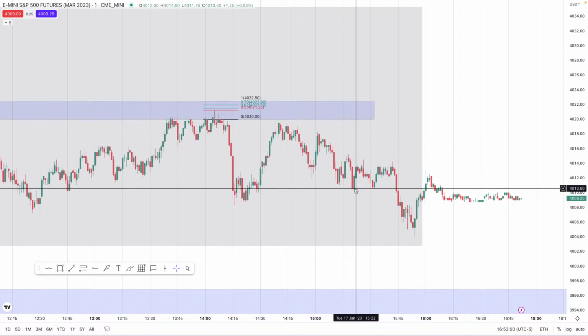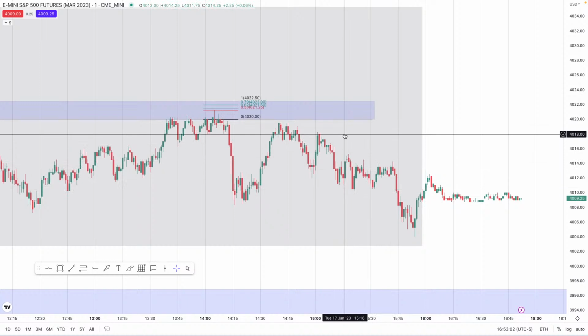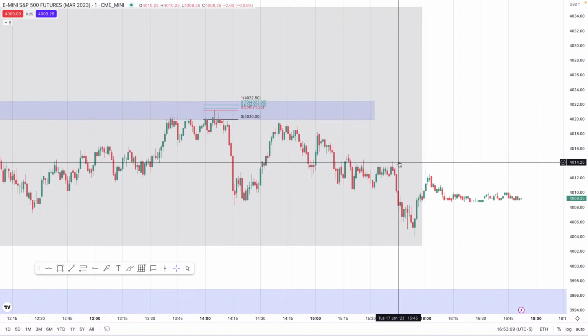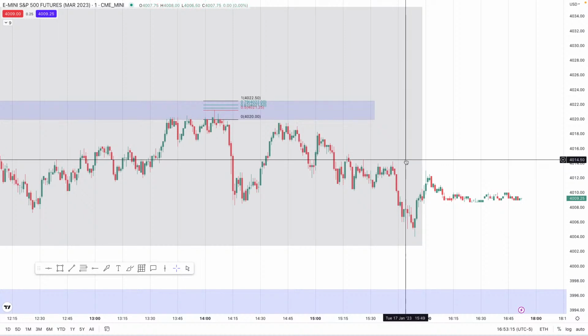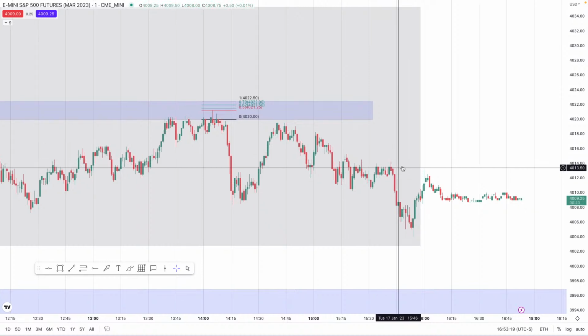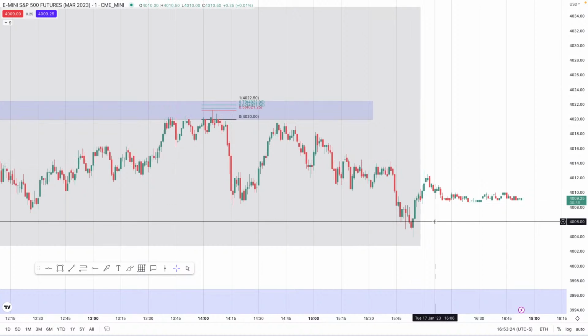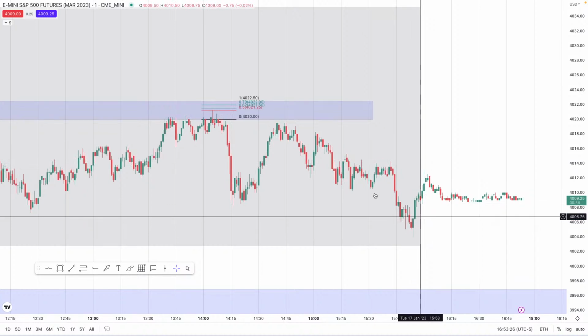As we broke down into this area, I moved my stop loss down to here because we shouldn't be coming back up into this. We should be searching for that sell side liquidity. It caught me right here. I should have kept it right here, but I ended up moving my stop loss to here. It caught me, and then I just re-entered another 6 cons and set my take profit at the 4,007.